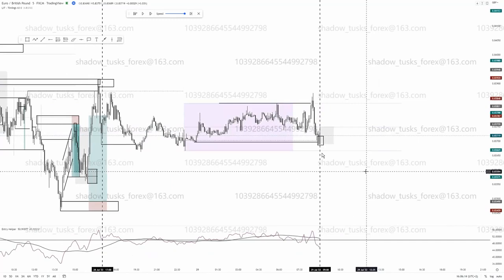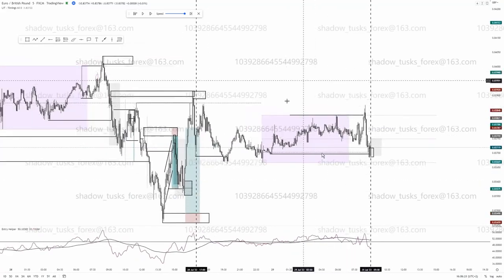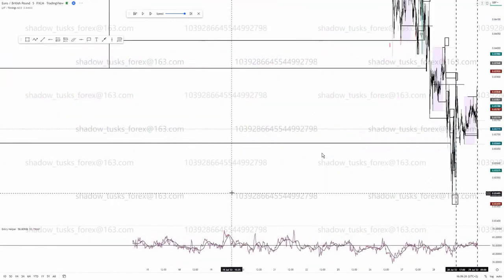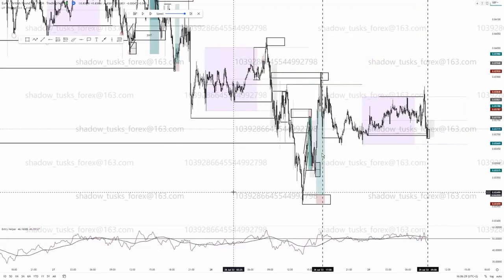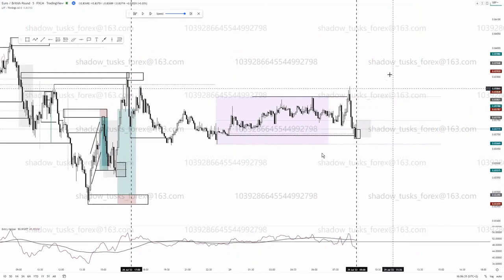I think aggressive is the right word. You can take that. Now, from an understanding point of view, we have had inducement low away from our potential major inducement that we want to trade away from. So in terms of targets, what would make the most sense here? Are we just going to target the current day high?